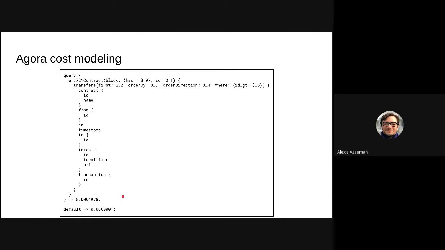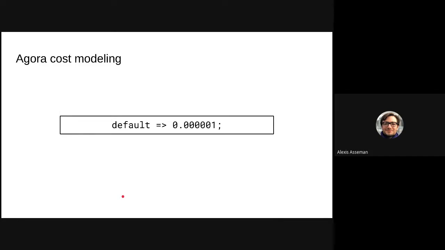It's a tedious job that you have to redo regularly and for each subgraph. As a matter of fact, we know that most indexers will just set a flat price because it's easier, it gets you going. So we're trying to improve this.